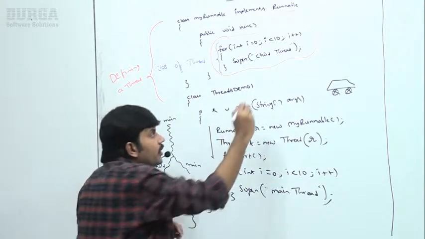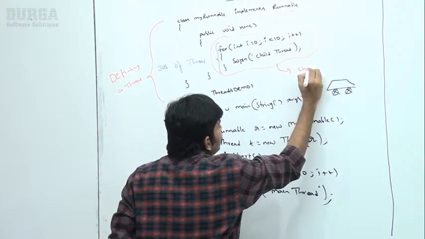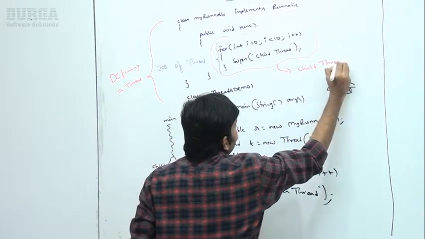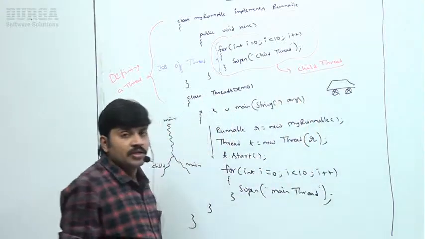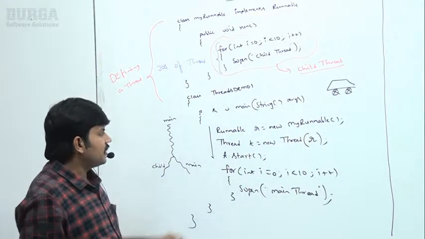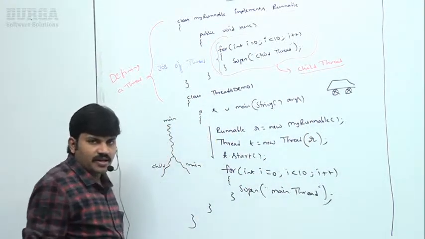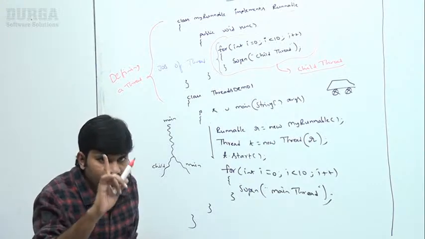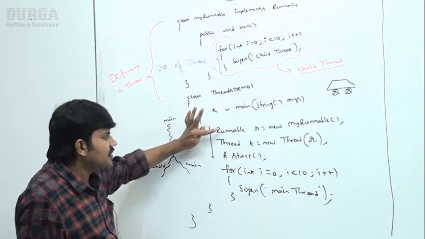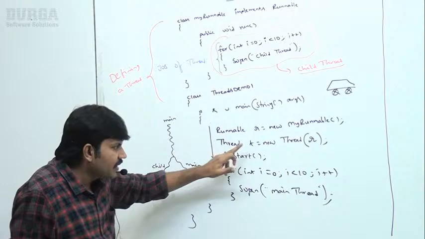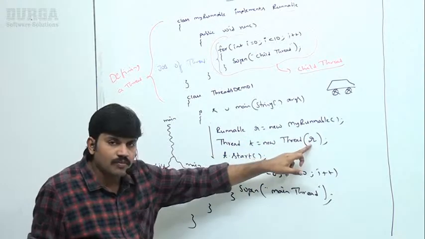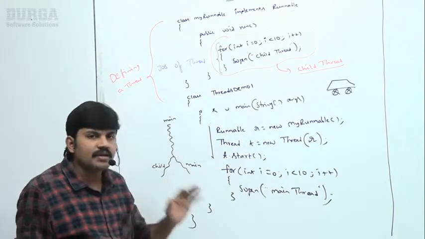This code is executed by the child thread. Which thread has the responsibility to execute this for loop? The child thread, right? Next, once the main method started, how many threads are there? Only one thread, the main thread. The main thread creates the runnable object. The main thread creates the thread object with that runnable job. The main thread started the child thread.